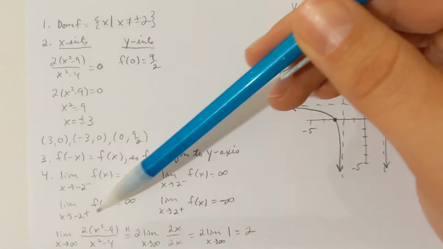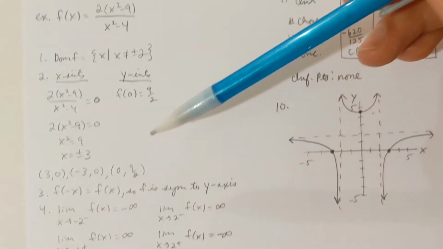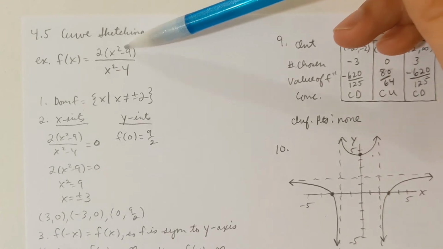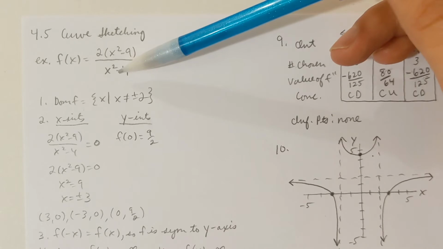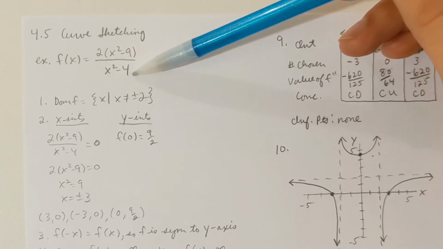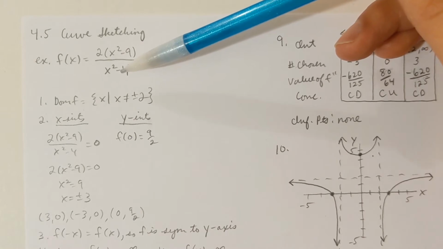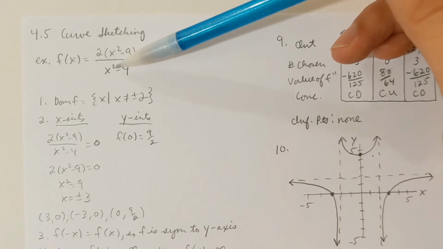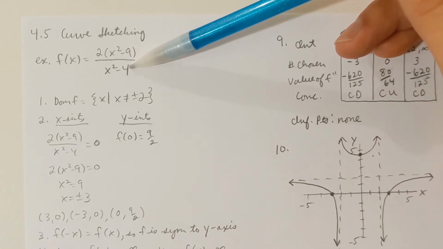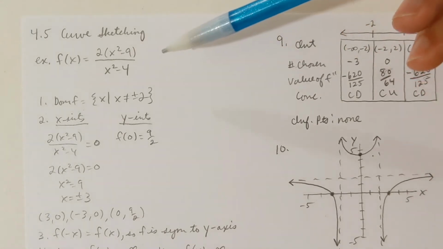How about if I'm on the right side of negative 2, like x is negative 1.9? Well, you're going to get a negative in the numerator, and you will also get a negative in the denominator, since when you square a number that is a little bit bigger than negative 2 but close to negative 2, and then you subtract 4, you're going to get a very small negative number, as is the case with negative 1.9, for example.